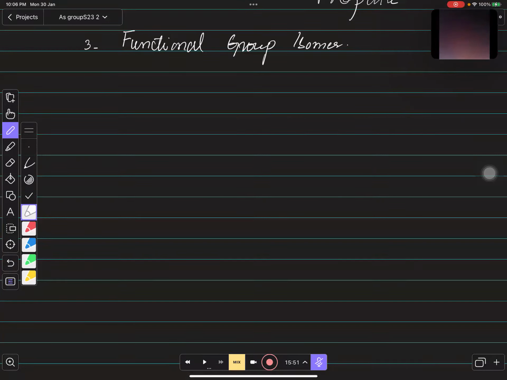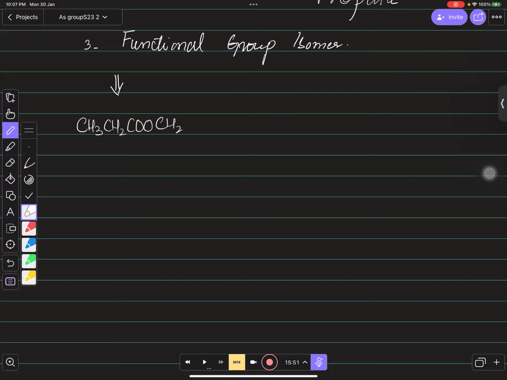Functional group isomers means you still have the same molecular formula, but you have different types of functional groups. Suppose I have this molecule: CH3CH2COOCH2CH3. What is this? This is an ester.